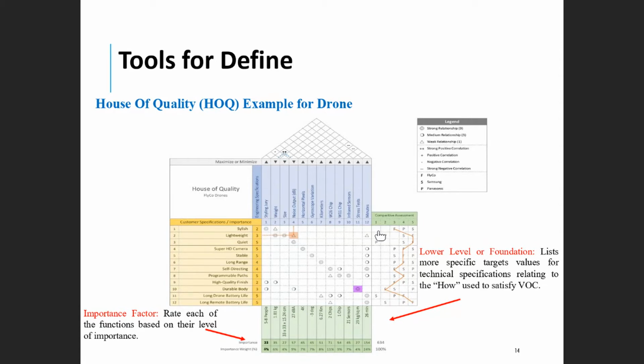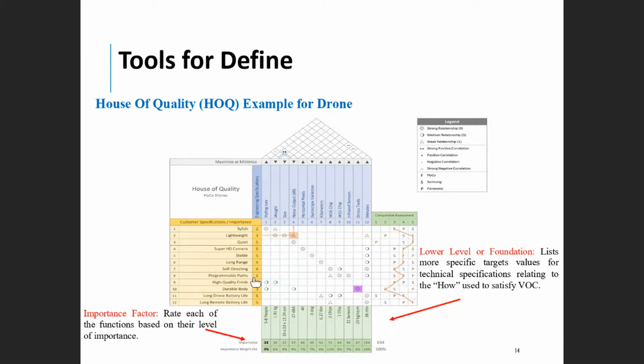For the remaining design requirements, if there was no relationship between the style and those design requirements, you just leave them empty. You don't have to fill them. If there is a relation, even if it's weak, you put it. Like what we have here between the weight and the style, okay?